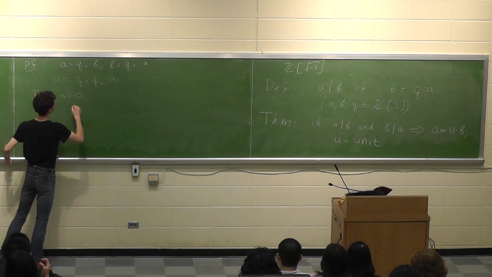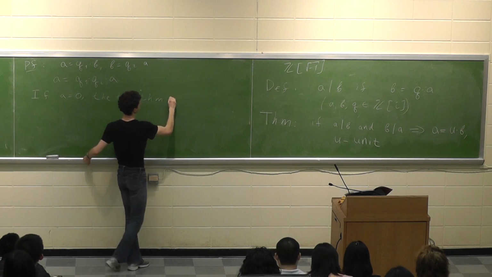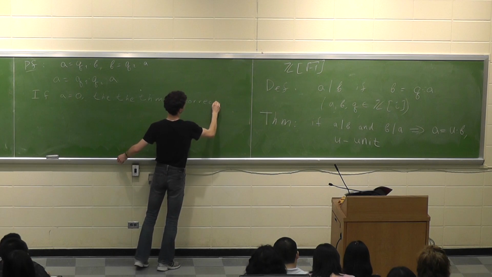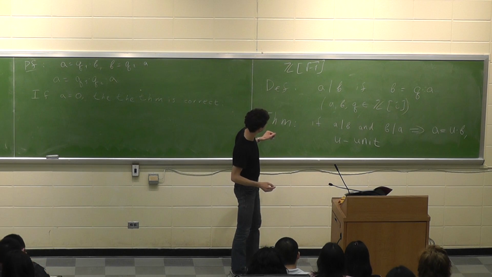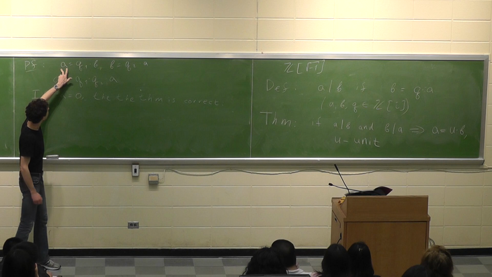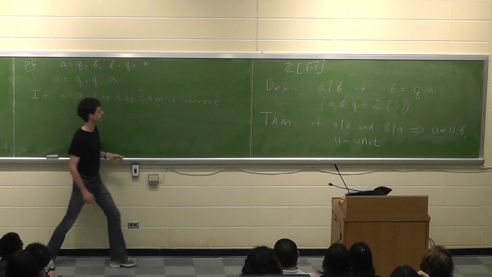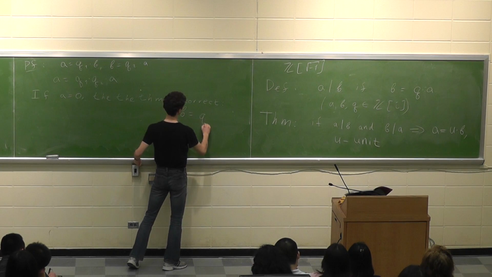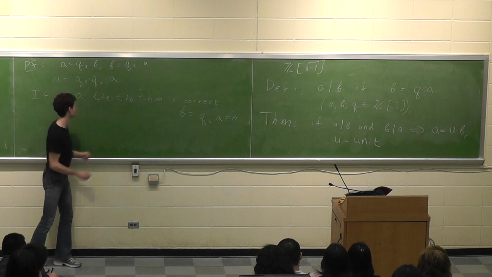If A is equal to 0, then the theorem is correct, because if A is equal to 0, then B is equal to Q2 times A, which is also 0, and then 0 is equal to 0.